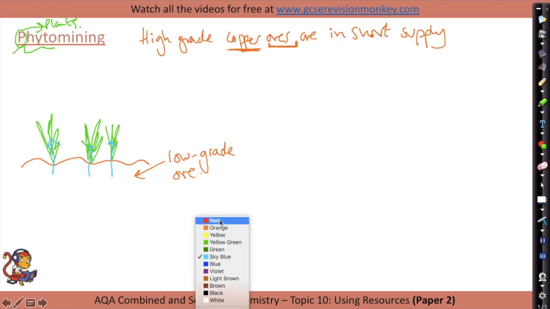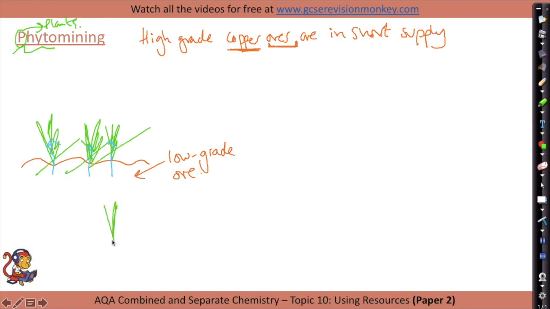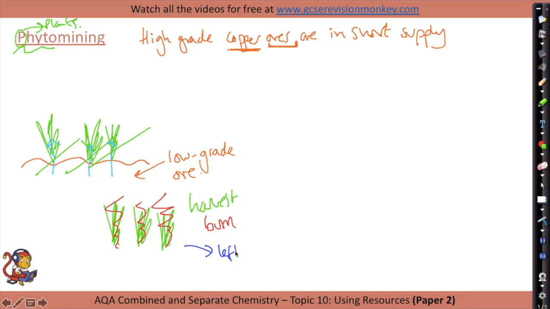You would then harvest those plants, so you would chop them down, and then you would burn them. And what you would be left with are soluble copper compounds from which you could now extract that copper.